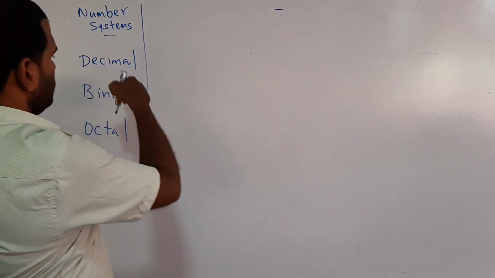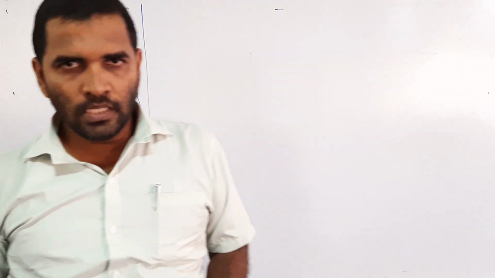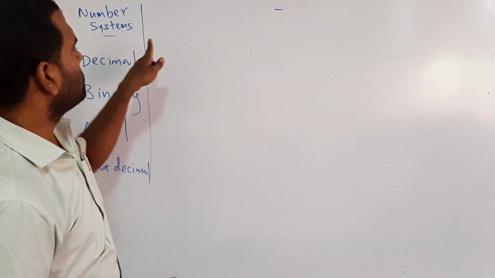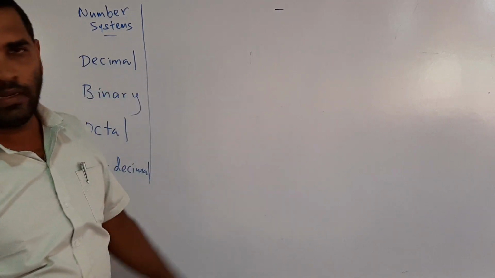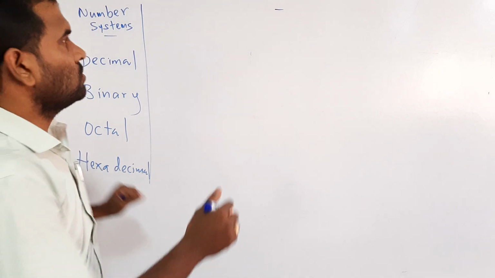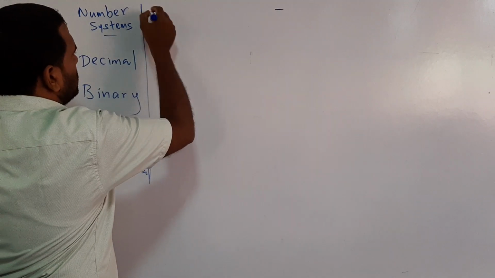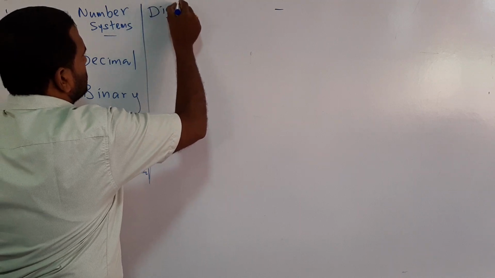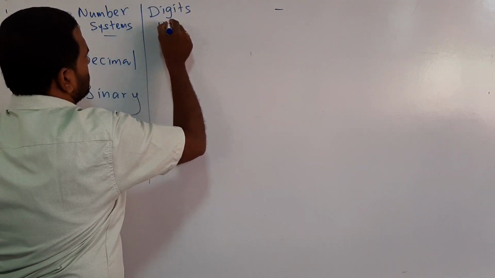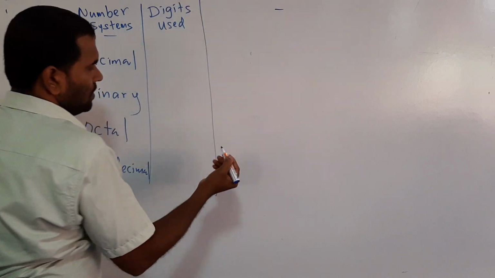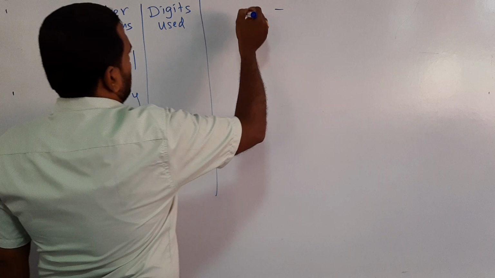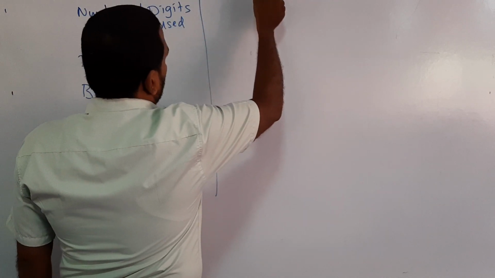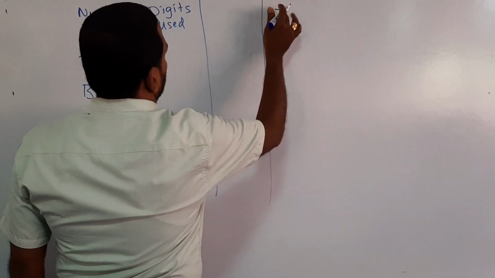In the second column, we will show the digits included in every number system. So better I write it as short, digits used. I will explain the others later.